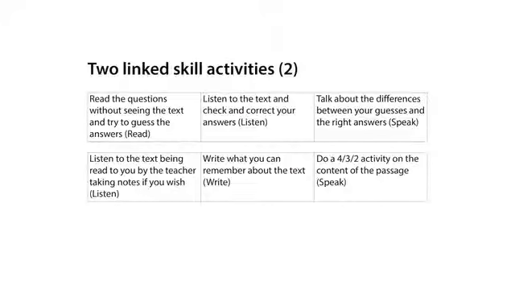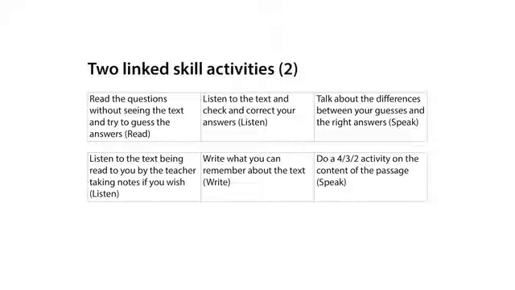We have also looked at the expert group family group procedure, where learners work in expert groups on a part of the material, with each group working on a different part. And then they come together in family groups to put their parts together to deal with the main part of the activity. Linked skills is a kind of procedure like this because each linked skill activity has 3 steps involving the same material. Let's look at another example of the activity.